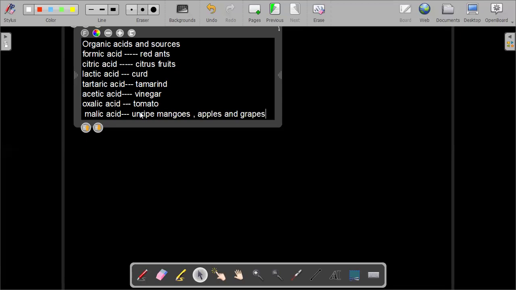What happens to the malic acid present in mangoes after they ripen? After they ripen, malic acid gets oxidized and converted into certain other substances.